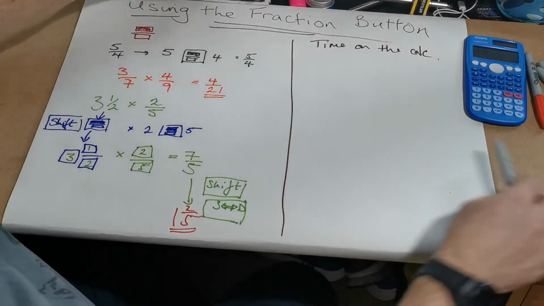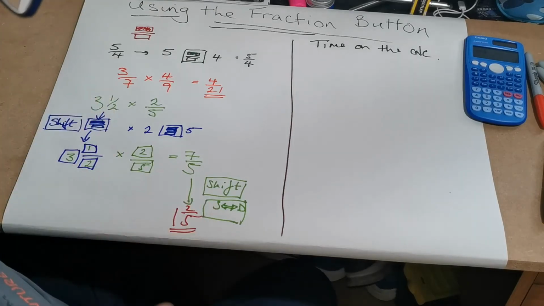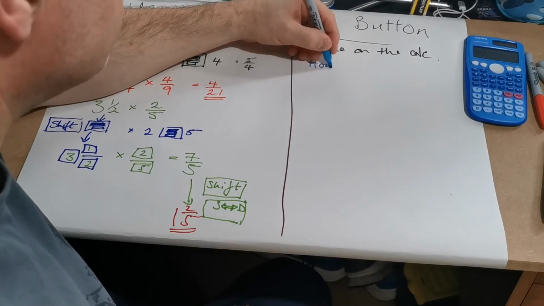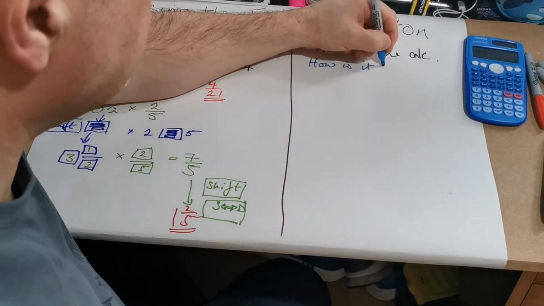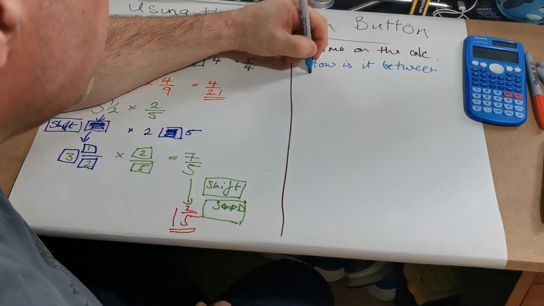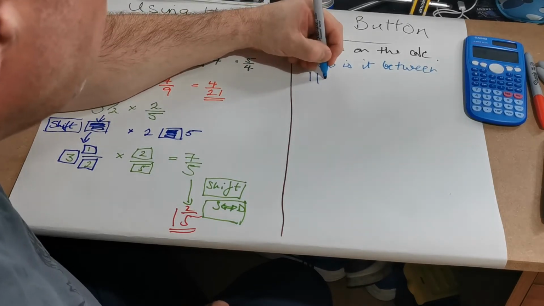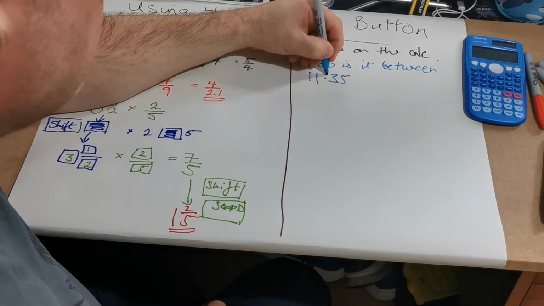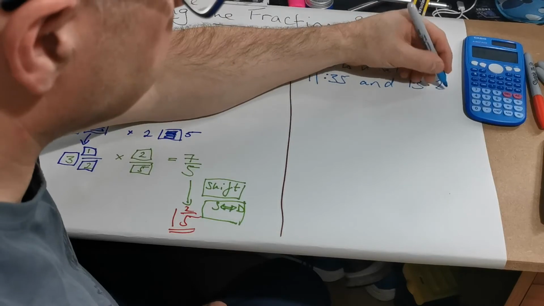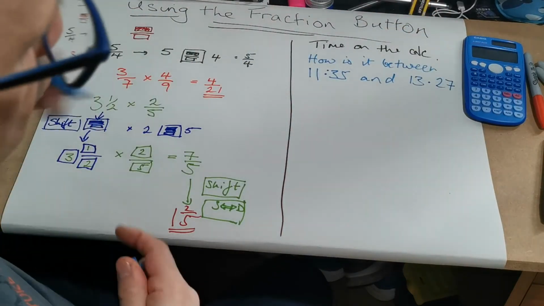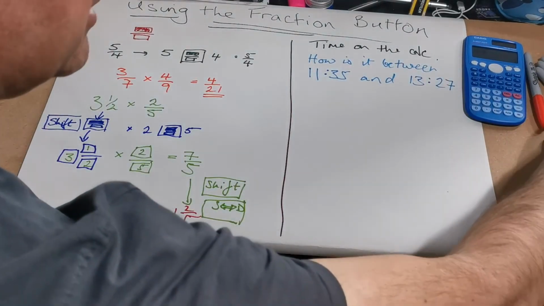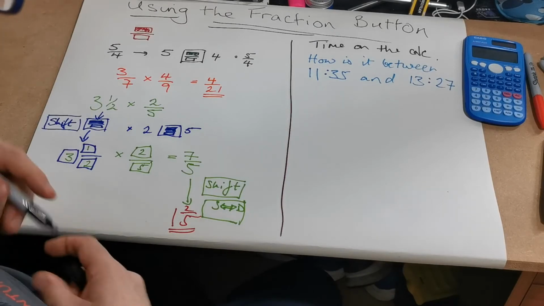Now, if I said to you, how long is it between 11:35 and 13:27, that could be quite hard. But if we treat this in terms of fractions, we stand a bit of a chance.